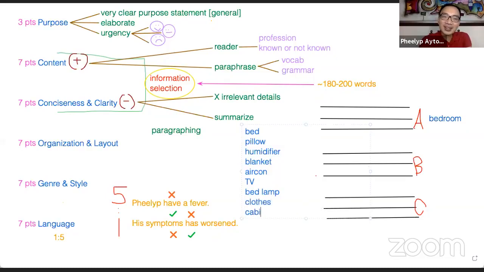Clothes, okay. Cabinets, side table. All right. For example, paragraph B is about your kitchen.